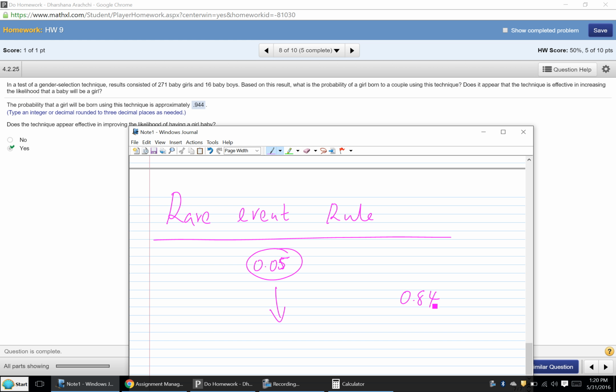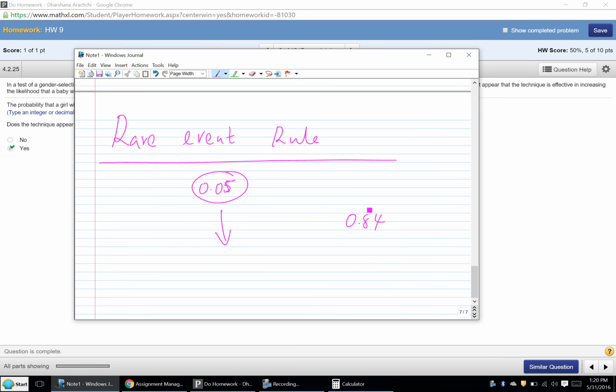This is a different experiment. The probability of having a baby girl happens to be 0.84. Is this probability high enough to conclude that this technique is a successful technique for producing baby girls? What do you think?